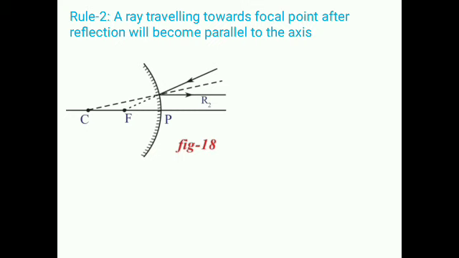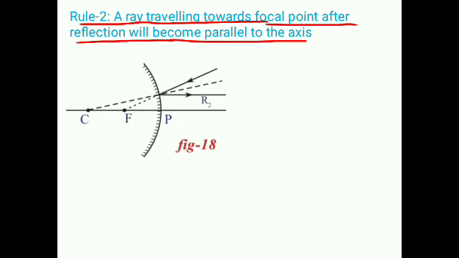Rule 2. A ray traveling towards the focal point, after reflection, will become parallel to the axis. Now this is the ray traveling towards the focal point. After reflection it becomes parallel to the axis.